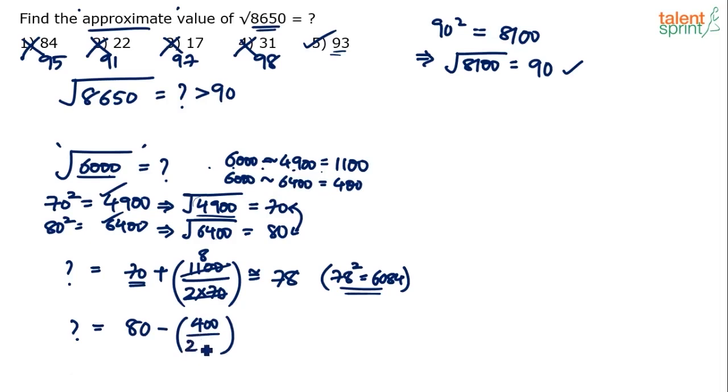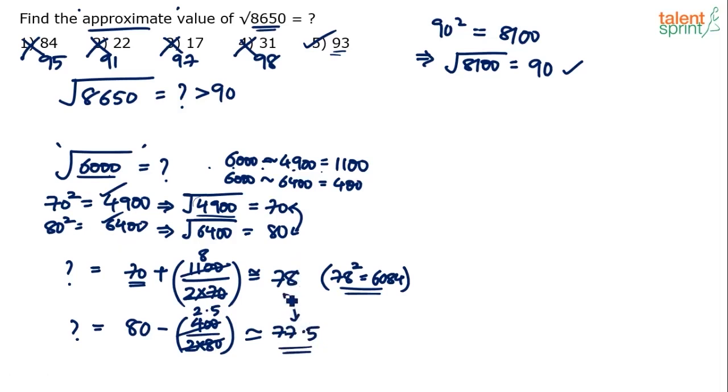What comes in the denominator? Twice of 80. So 400 divided by 2 times 80. Now 2 times 80 is 160. 400 by 160 will be exactly 2.5. So 80 minus 2.5 is 77.5, the answer when 6,400 is the base.